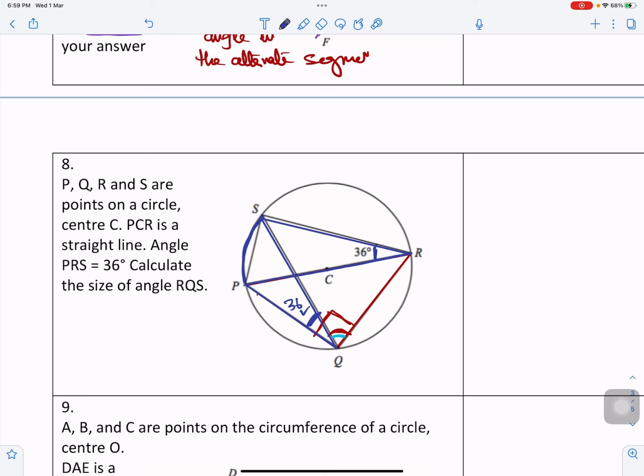So you can say here SQP is equal to 36, and the reason is angle in the same segment. And then you can say SQR is equal to 90 minus 36. Get it? 90 minus 36, and you can write your answer.